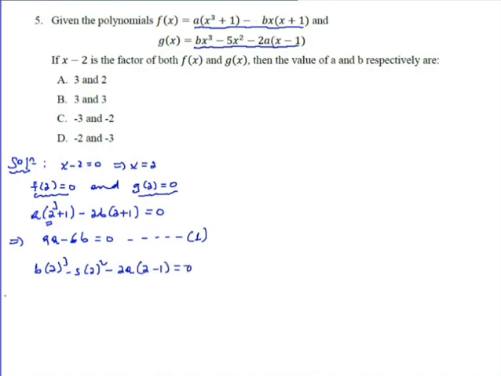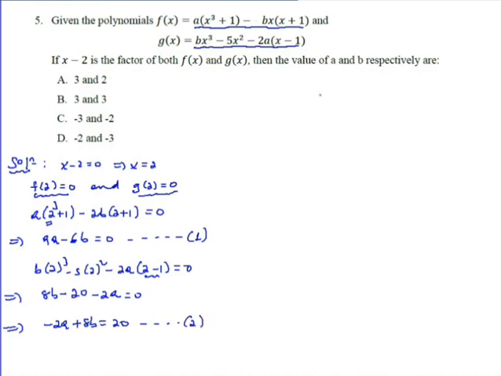So this means 8b minus 20, this is 1 times minus 2a is minus 2a, is equal to 0. So here when we arrange, this can be written as minus 2a plus 8b is equal to 20. Say this is equation 2.